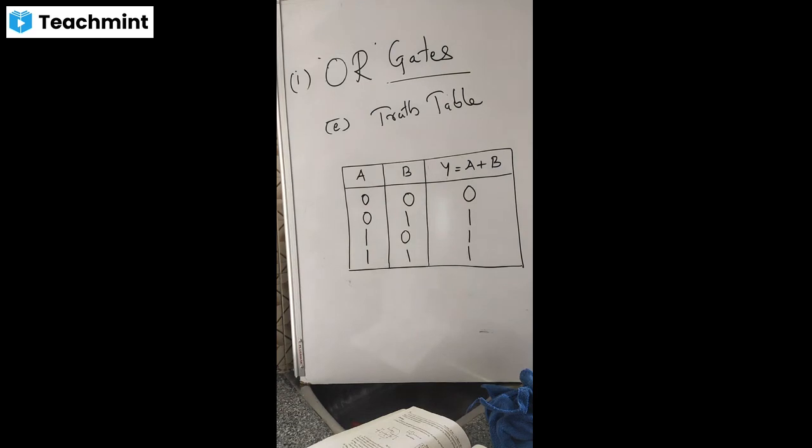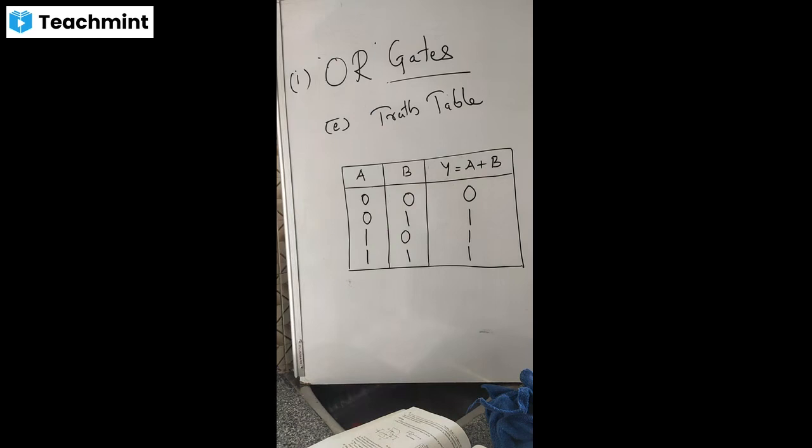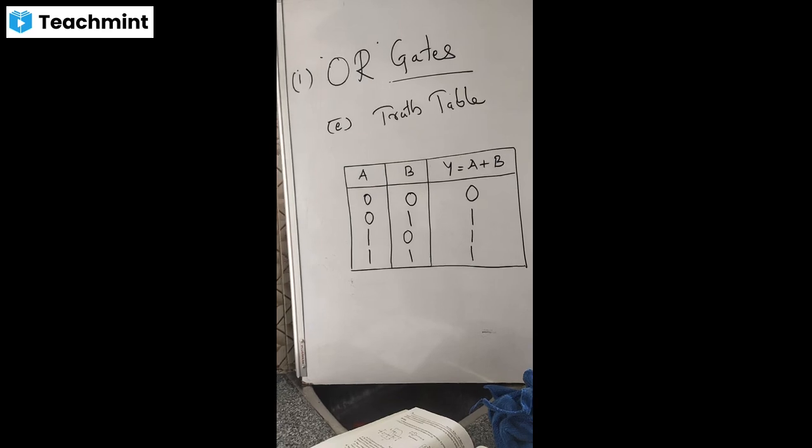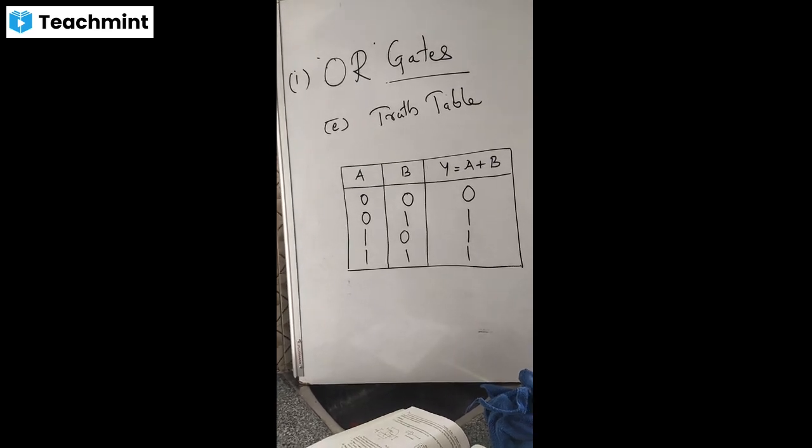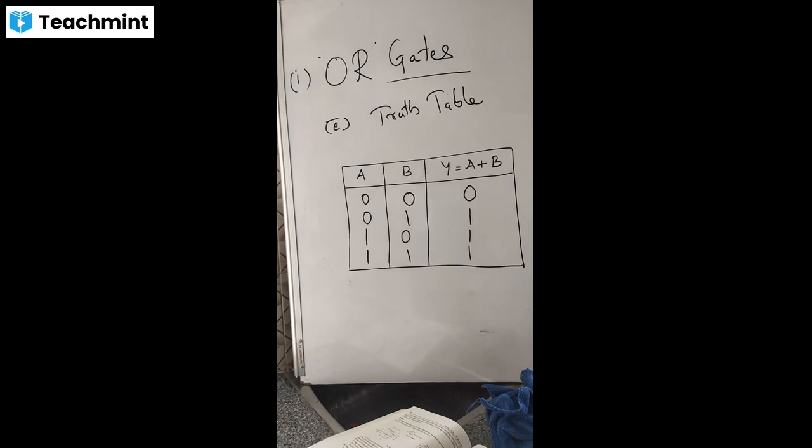Are you people there? Are you there, Anu? Okay. Now then we can go to AND gate.